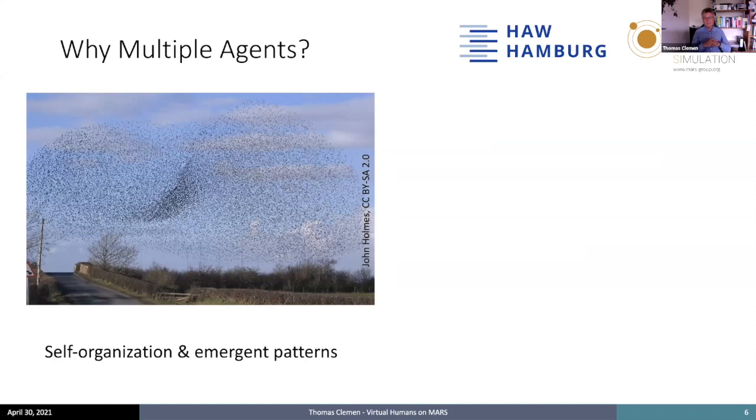My response to questions like that is that we are especially interested in seeing what we are seeing here. This is a flock of European starlings, and it's what we are calling self-organization and emergent patterns. So we're looking for something which is not in the individual, but in the interaction between the individuals.